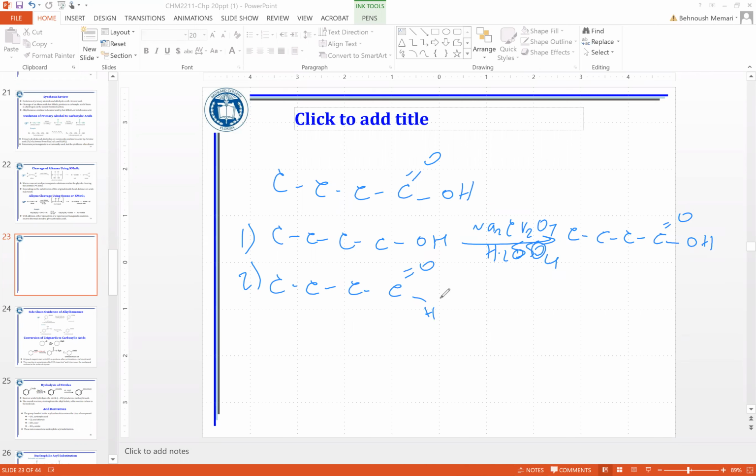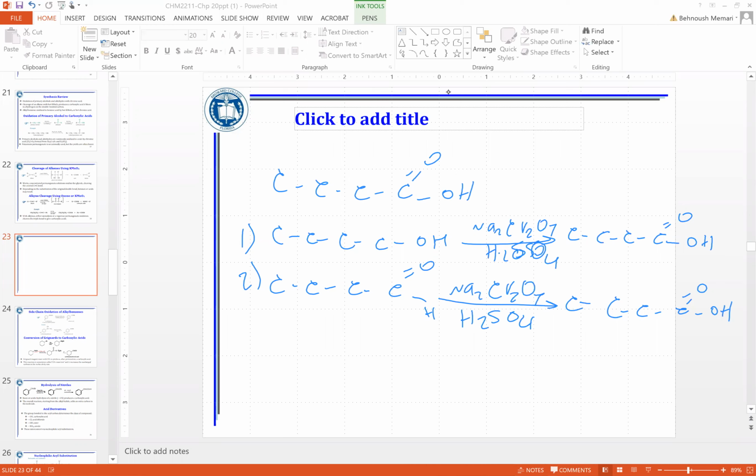You can use hot permanganate, chromic acid, or sodium dichromate with sulfuric acid, basically this combination gives you chromic acid. It would oxidize aldehyde to carboxylic acid. So with all of these we're trying to prepare carboxylic acid.